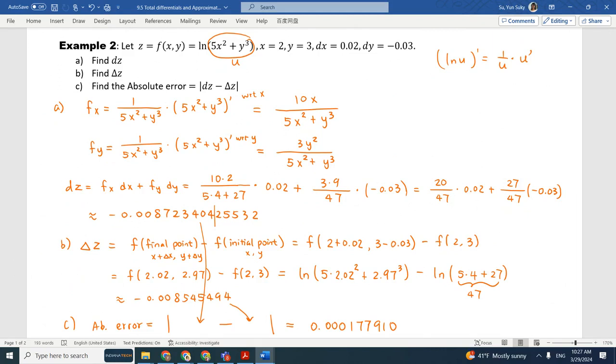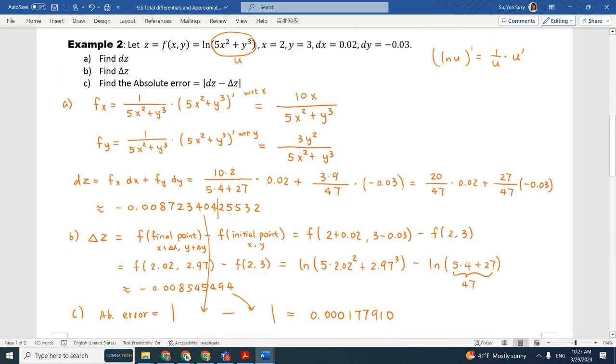So this is the process of the total differential. We can use a differential to approximate the change, and you can compute both and see the error. Any questions about this problem? So you see, for dz we need to take the first partial derivatives. For the change of z, do you need to take the derivative?